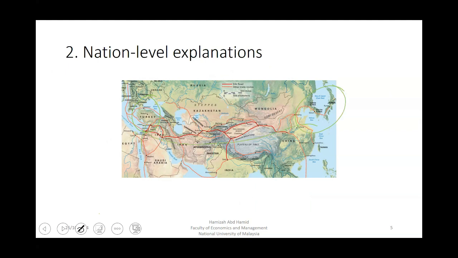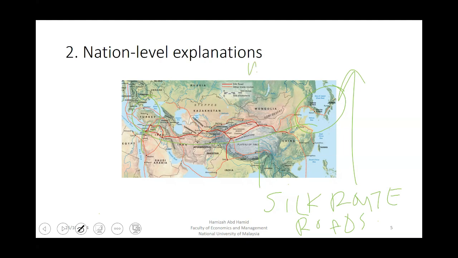One of the most important trade routes in the world at the time and until now is the Silk Route, or Silk Roads route. This route is so important because it connects both the Western and Eastern world.